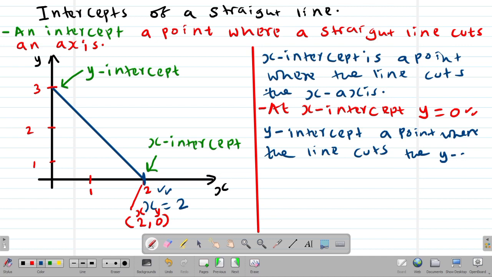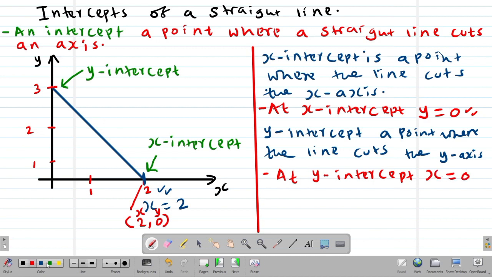It is also crucial to note that at the y-intercept, or at the point where the line cuts the y-axis, the x-coordinate will always be equal to 0.